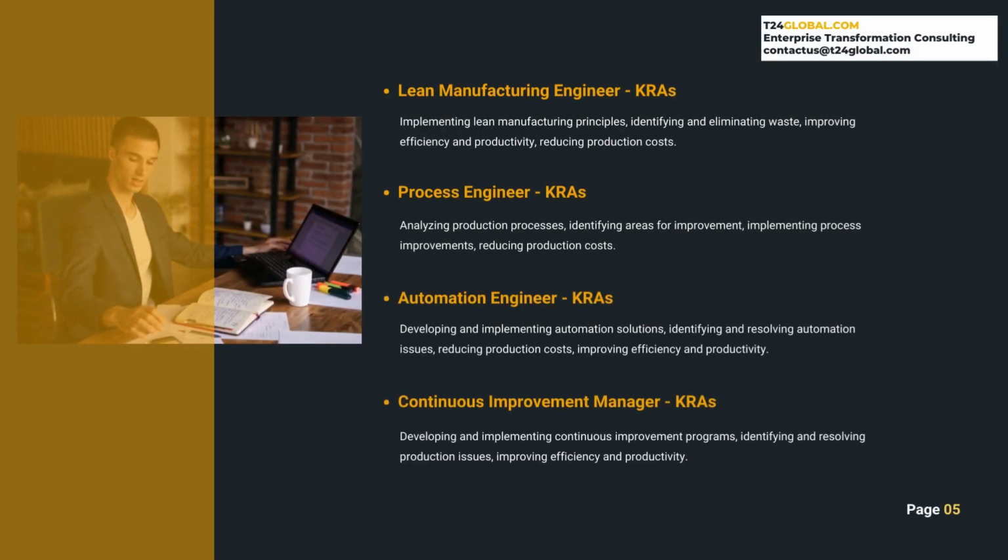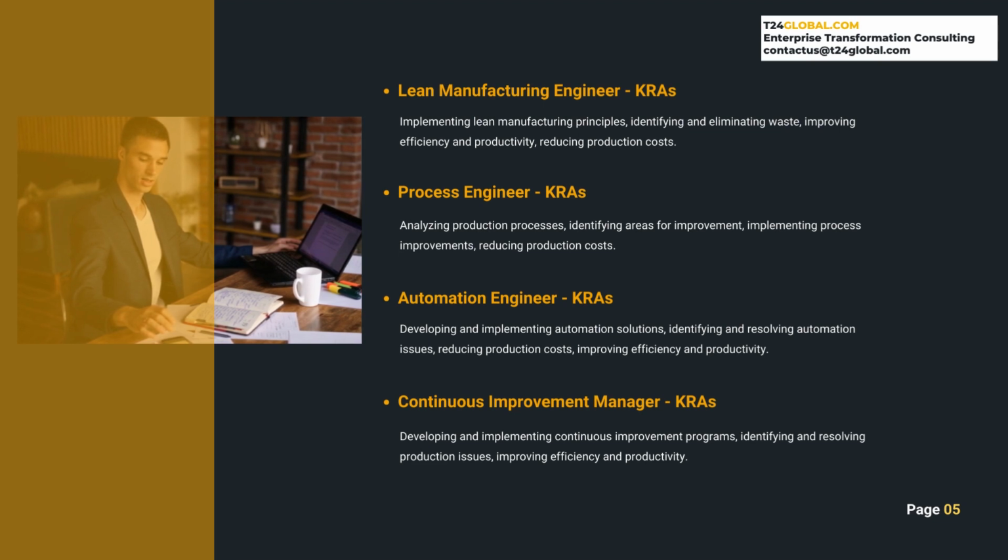Lean manufacturing engineer. The lean manufacturing engineer is responsible for implementing lean manufacturing principles, identifying and eliminating waste, improving efficiency and productivity, and reducing production costs. KPIs for lean manufacturing engineers include cost savings, process efficiency, and production output. People who report to lean manufacturing engineers include production supervisors and process engineers.